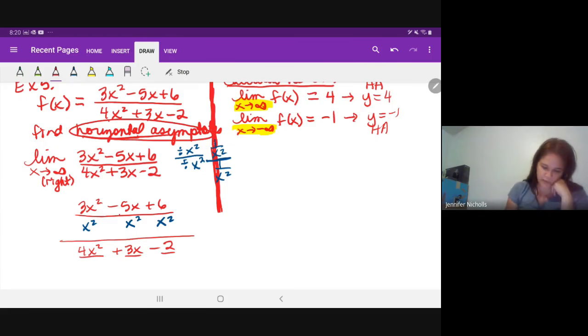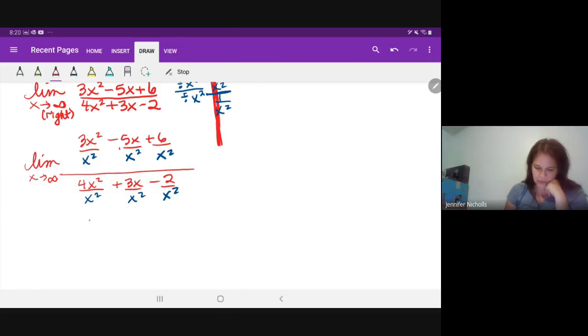I need individual divided bys, not a big divided by. So I put x to the second under each term. We're trying to do it the official way. You still have x's, so you still need the limit. Then you reduce. So that's 3 minus 5 over x plus 6 over x to the second, divided by 4 plus 3 over x minus 2 over x to the second.